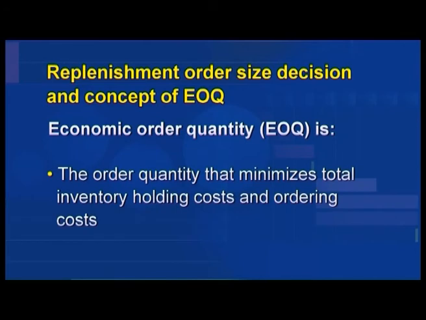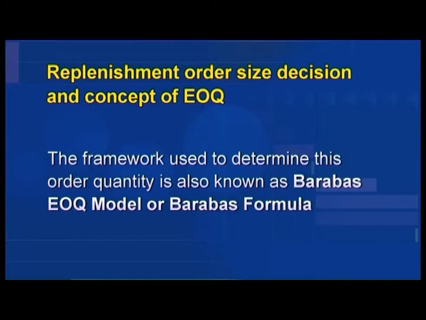It is the order quantity that minimizes total inventory holding costs and ordering costs. It is one of the oldest classical production scheduling models. The framework used to determine this order quantity is also known as the EOQ model or EOQ formula.